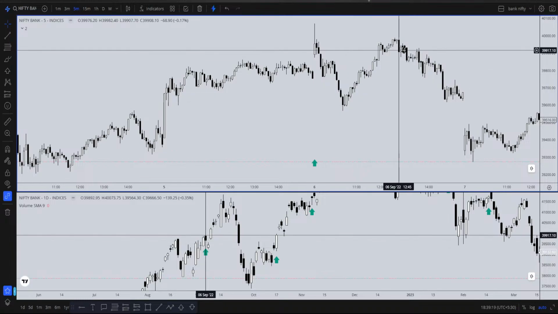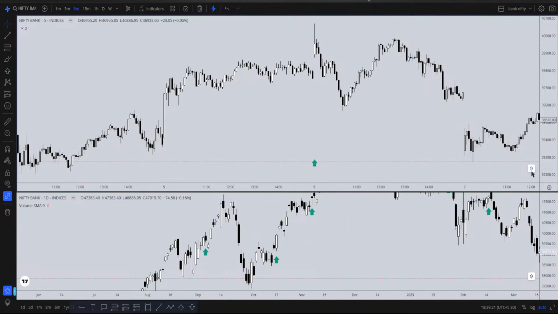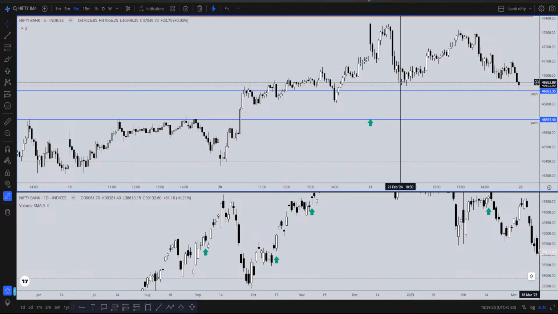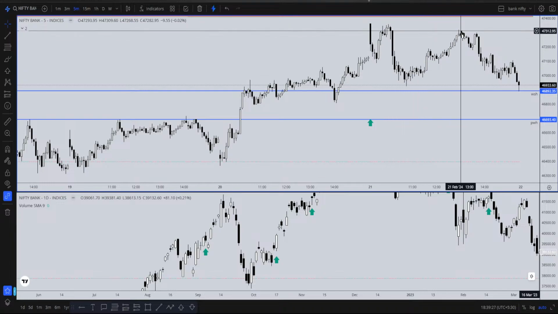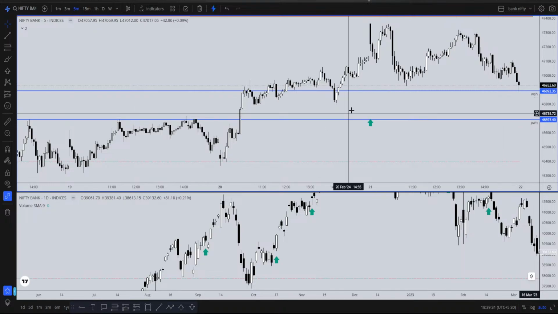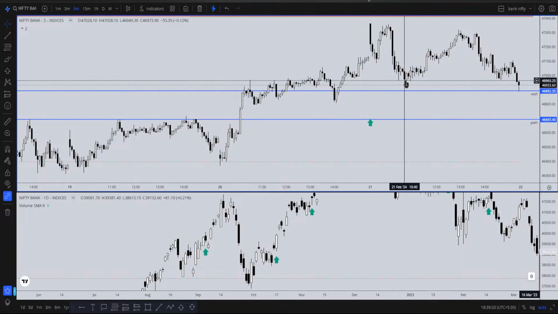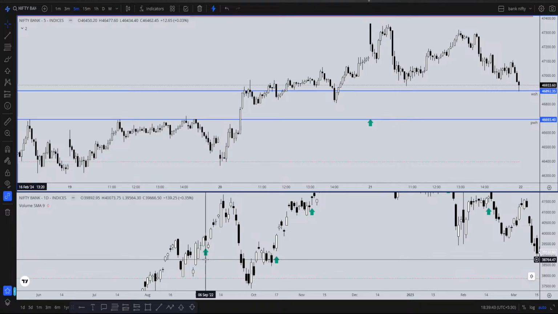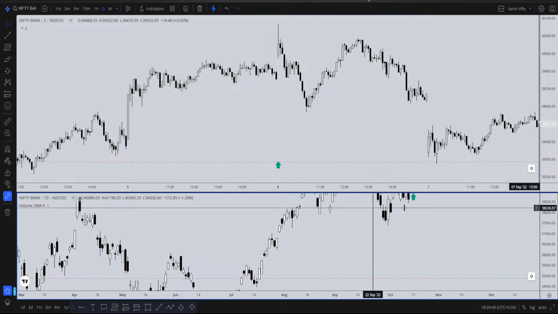Came down, then went up, then again came down. And it's not even taking support at a proper place. And that's the issue. So it does happen.